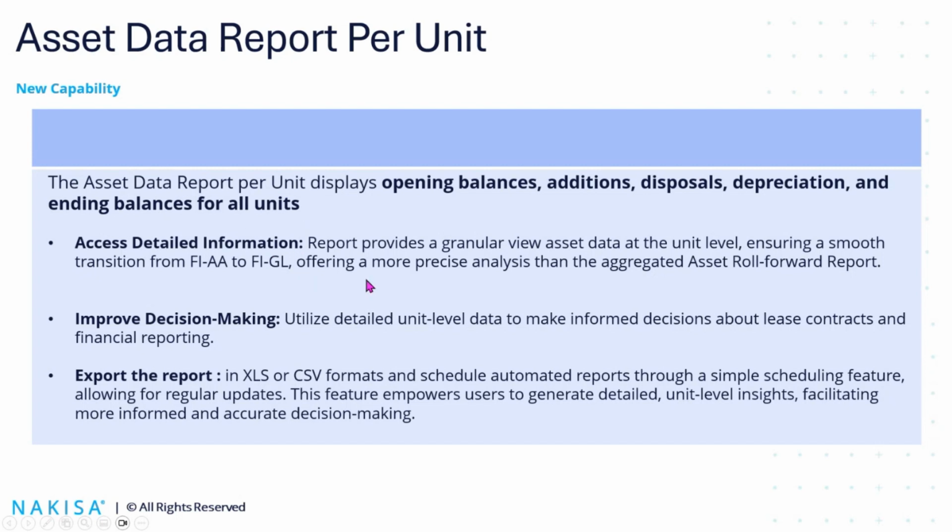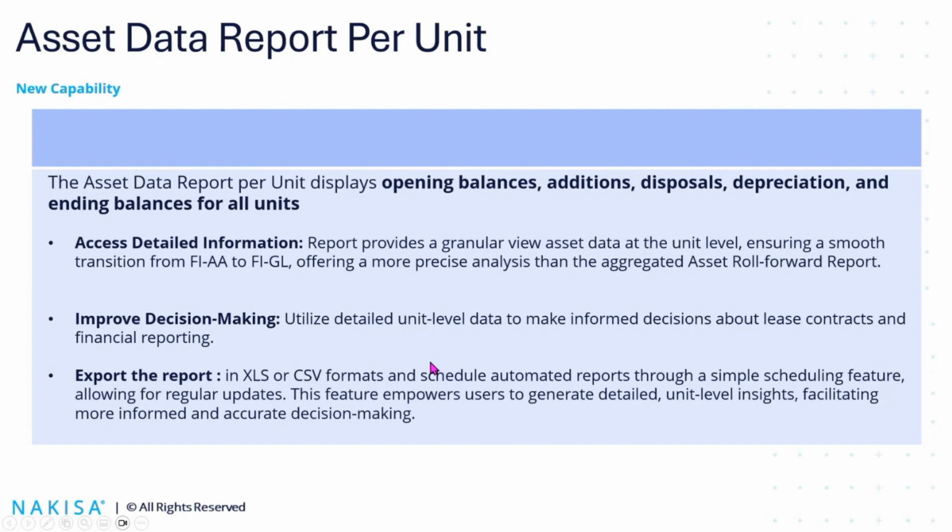So since you have transitioned from the AA module to the GL module, this report provides a granular view of asset data at the unit level, and it shows if you're transitioning from AA to GL, and also to validate. It's more precise than the aggregated asset roll forward report that we have.